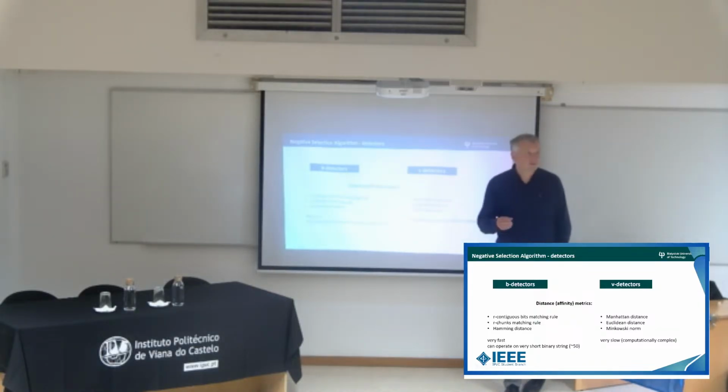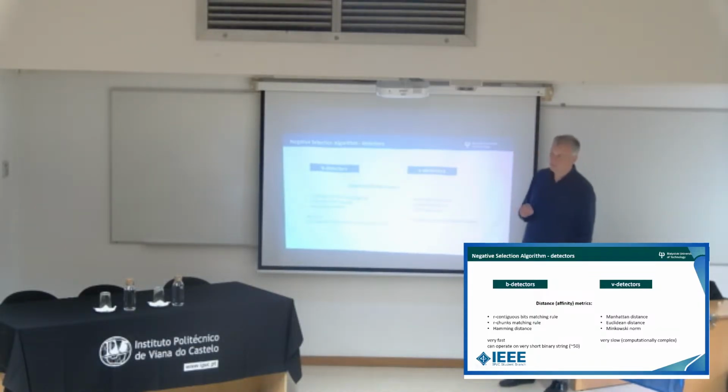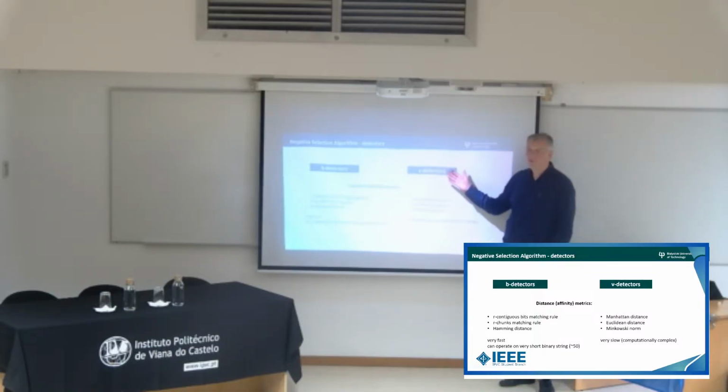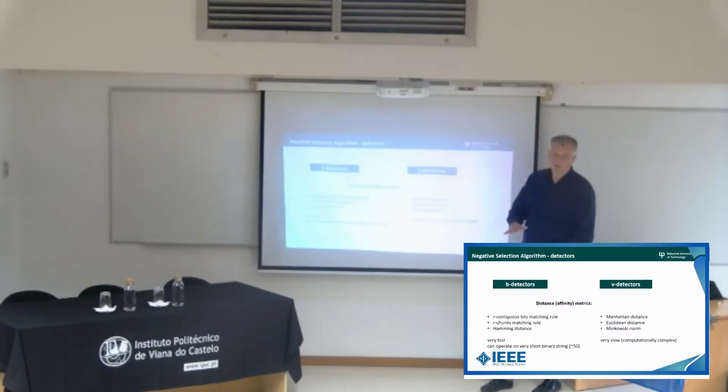If our data sets consist of real values, then we can use real-valued detectors. Of course, the complexity of binary detectors is much lower than real-valued detectors, because here we have a lot of multiplication and so on.